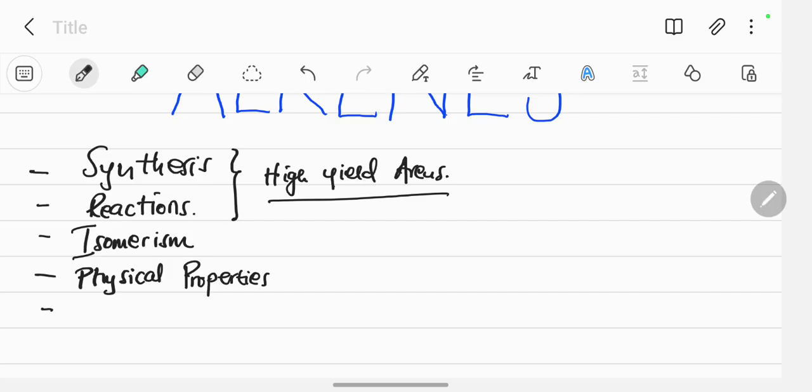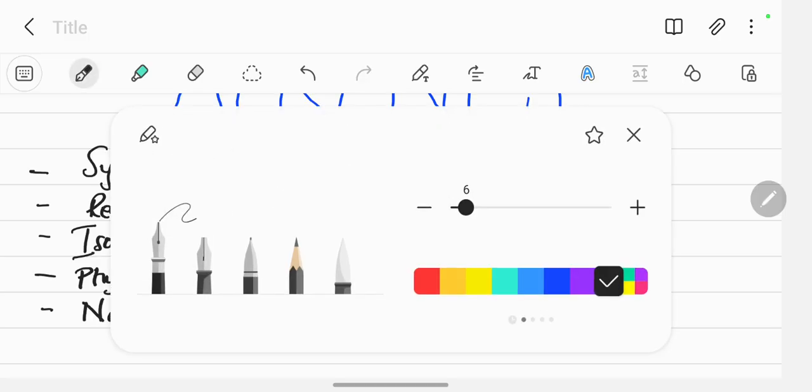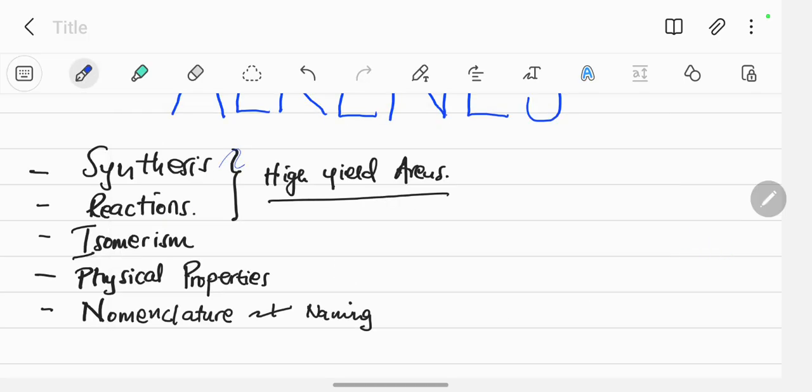You realize that I'm not going into details of nomenclature, because with this nomenclature or naming, when I mention a name in our synthesis, I'm going to be throwing more hints about the name, the positions.